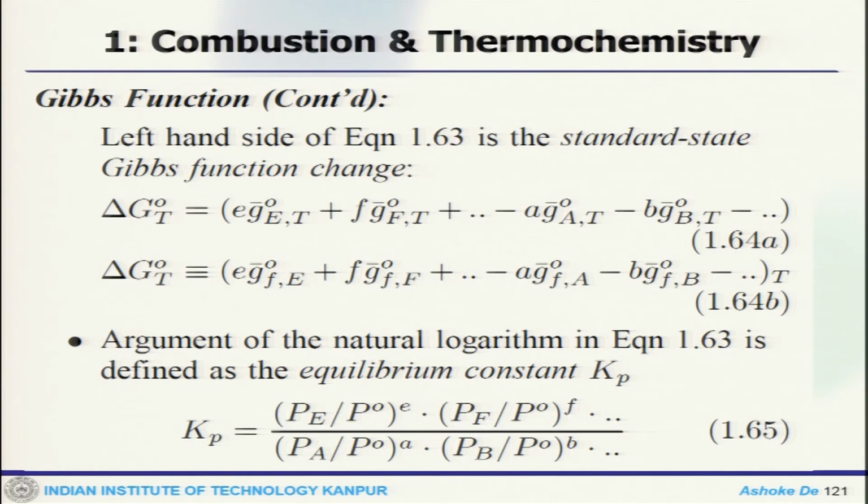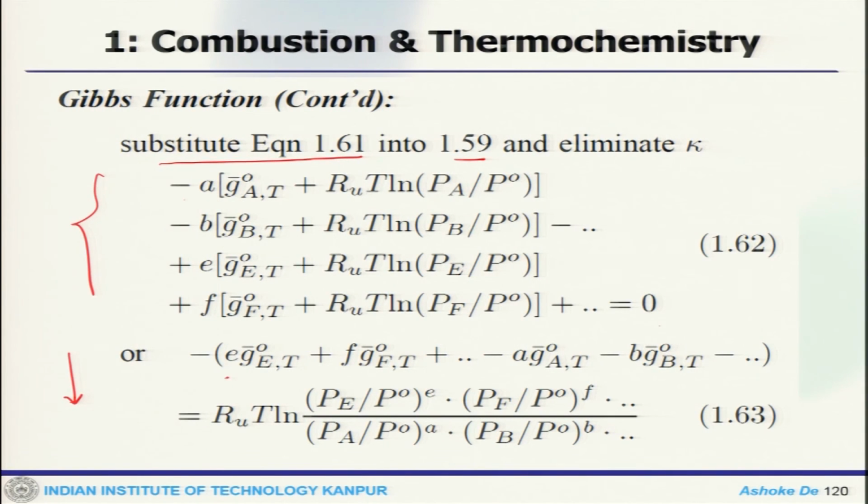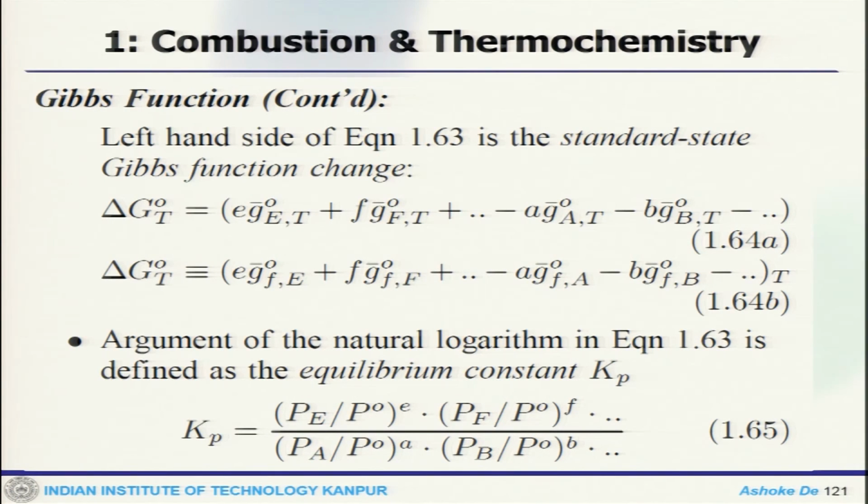Now you can look at it, that in the previous equation 1.63, the left hand side is a standard state Gibbs function change. So one can write that change of Gibbs function would be this much and this would be another one.